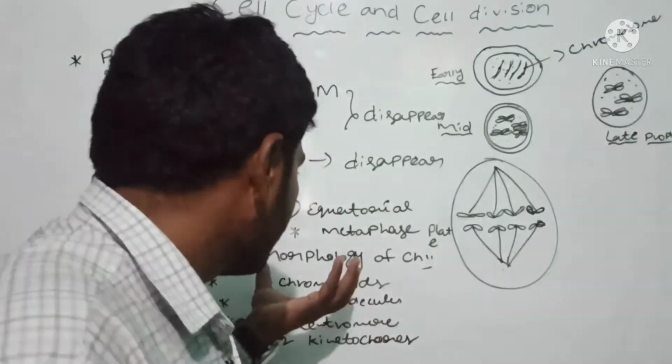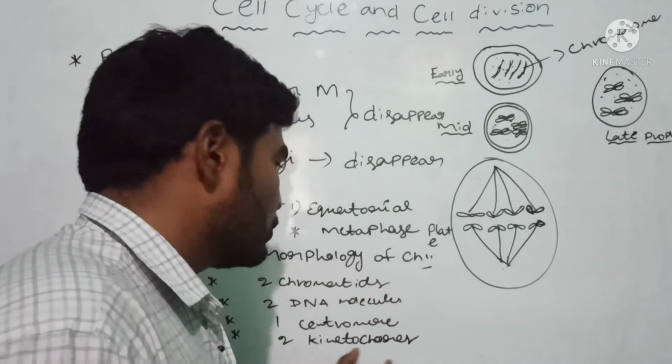If you see this, there are two chromatids, two DNA molecules, and two kinetochores.